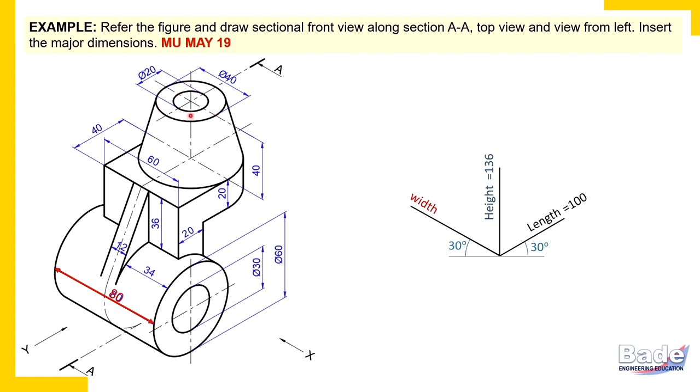It is also hollow, that is it has a coaxial hole of diameter 20 millimeters. Then there is a U-shaped horizontal plate. Then there is a vertical plate. And then there is a rib here, a plate of thickness 12 millimeters. So easily we could identify all these parts: cylinder, truncated cone, horizontal plate, vertical plate, and a rib. So step by step, we'll draw views of this object.